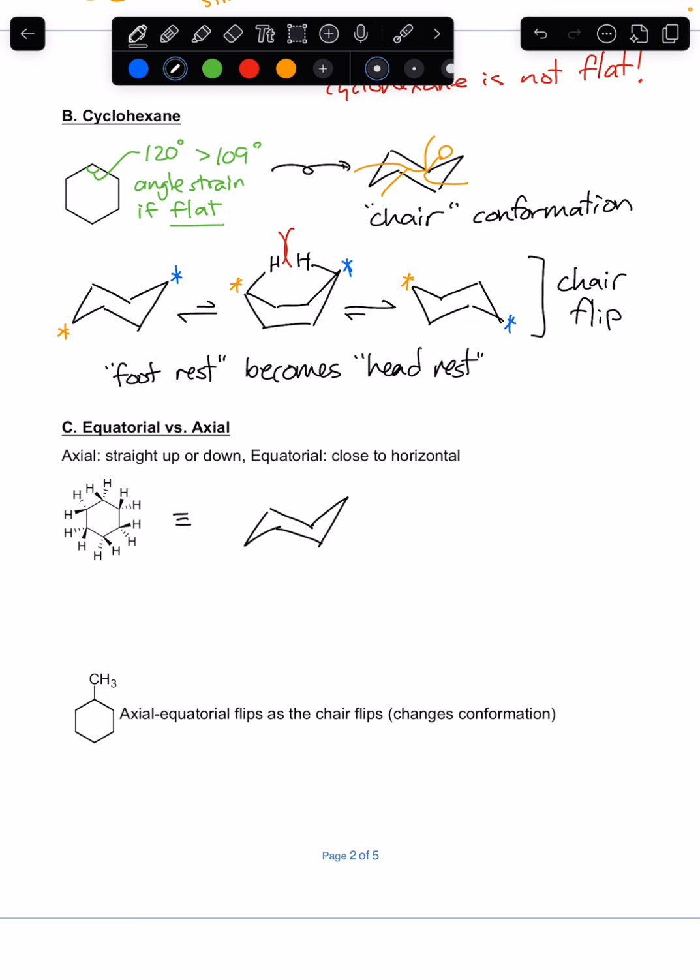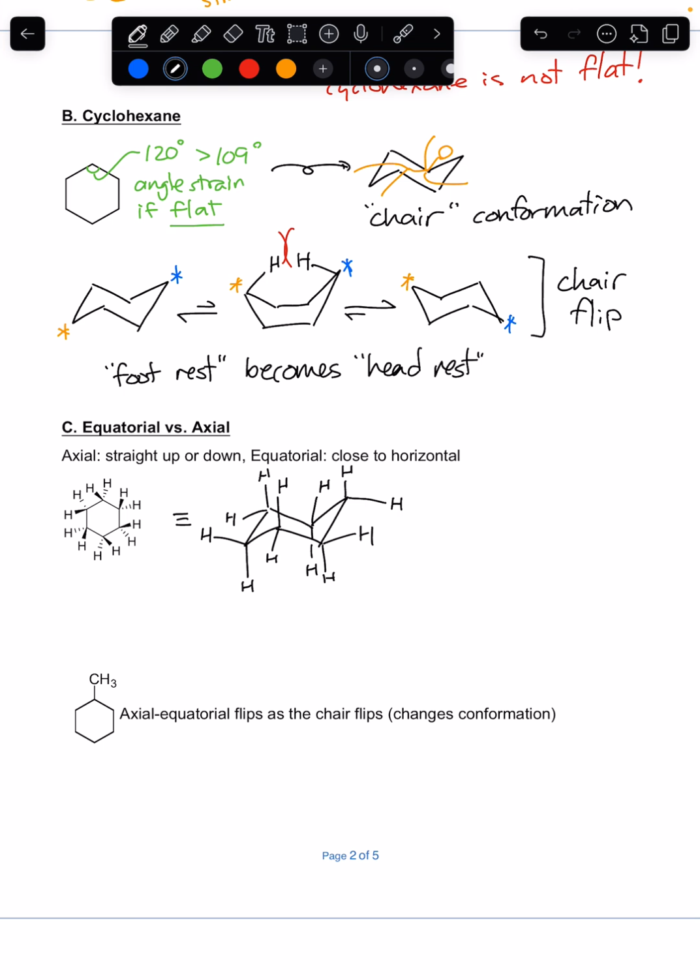When you draw in the hydrogens, you'll notice that there are some hydrogens going straight up and down, like these guys. And then there are hydrogens that are sticking out to the side, like these, and those are one type of hydrogens.